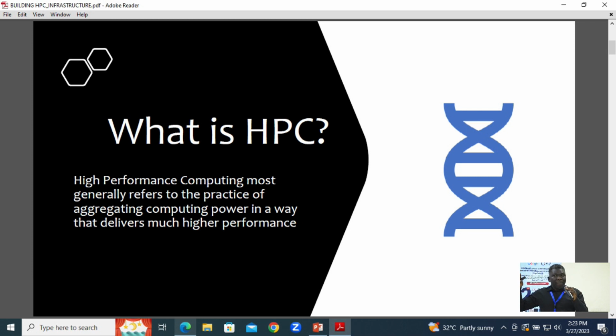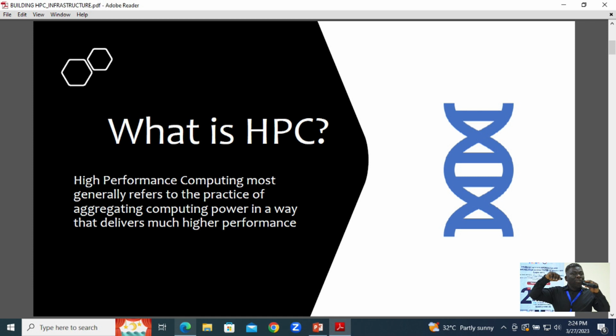Do you get that? In a data center, you can have your high performance computing infrastructure inside. Am I communicating? You can have all your high performance computing infrastructure inside a data center, so don't mix the two together. Now when we talk about high performance computing, you are aggregating all the computing resources in each of those servers, because you can have more than one server in a particular data center.